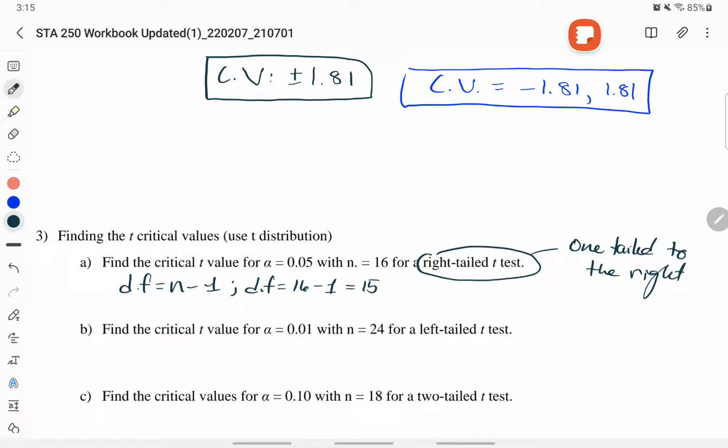Now, I can go on my t-distribution, degrees of freedom 15, a one-tailed test to the right, and the alpha level is 0.05 to find the critical values. And because it's a right-tailed test, we know the critical value is positive.